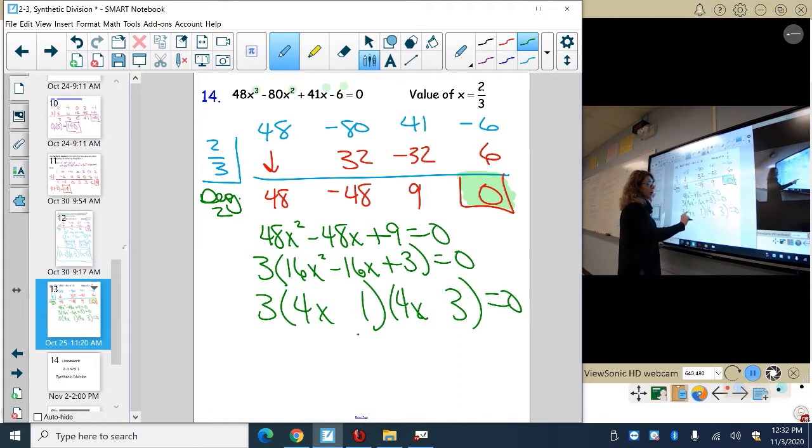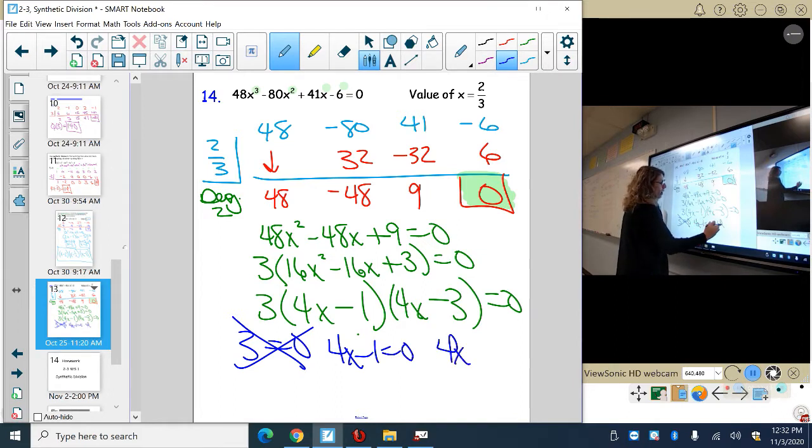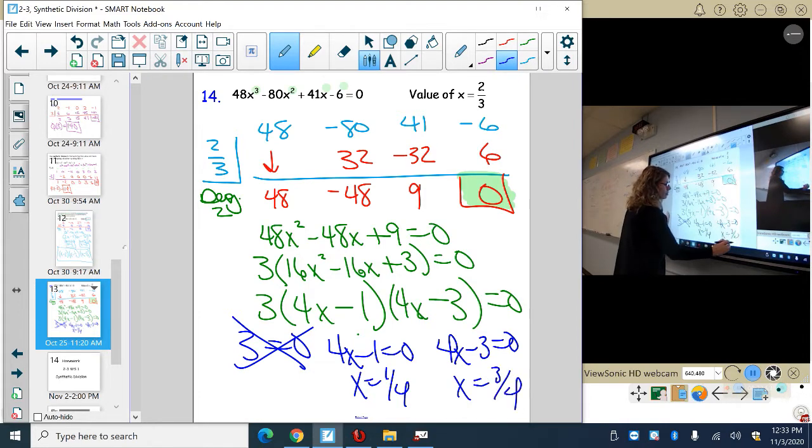Inner gives me 4x, outer gives me 12x to give me the negative 16, and they both have to be negative. 4x minus 1 is equal to 0, and 4x minus 3 is equal to 0. So x is equal to 1/4, and x is equal to 3/4.